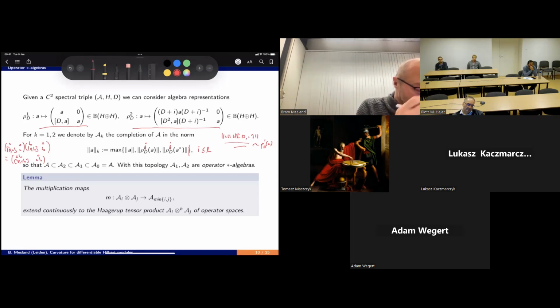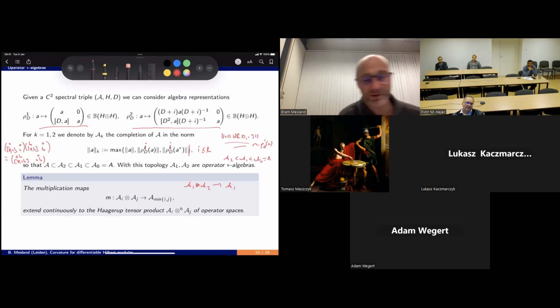And the reason to use operator spaces is the following lemma, that the multiplication maps that you get, and of course I use algebras of different degrees, so if I work with A1 and A2, then I multiply into A1, because what I have is A2 sits in A1, sits in A0, which is convenient to assume to be the C star completion of A.